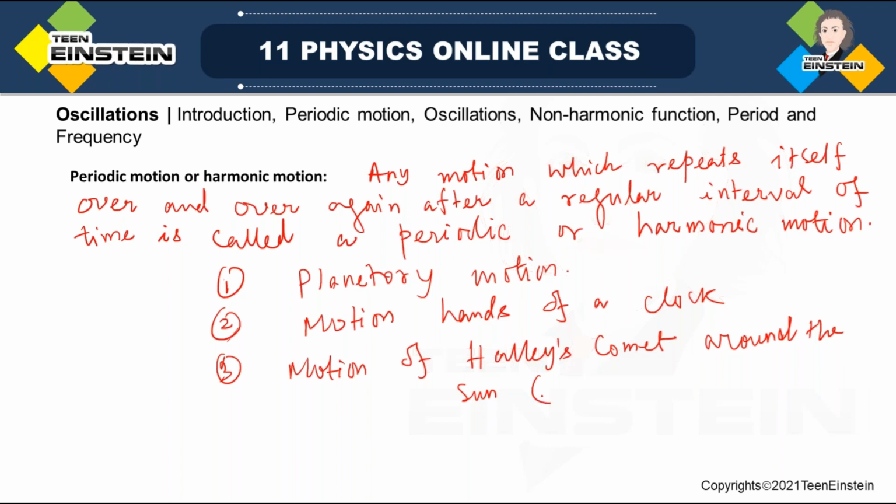The period, or time interval, it takes is actually 76 years to repeat its motion around the sun. So these are examples.